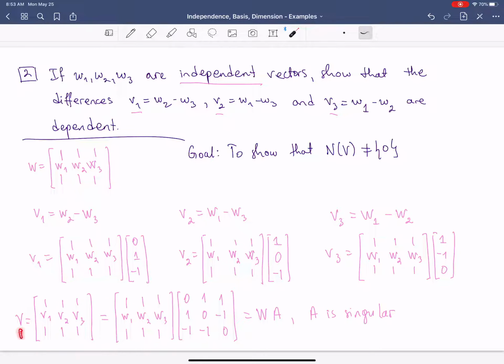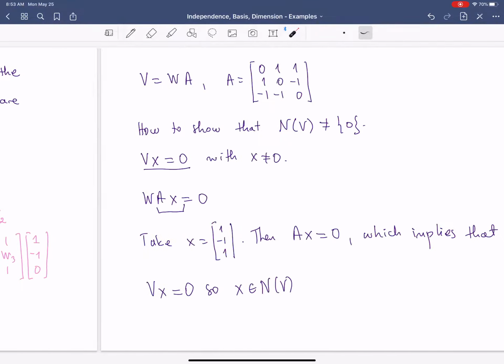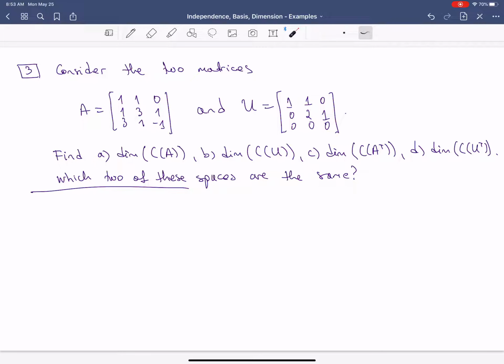Well, stick them into a matrix and carry out elimination. But we don't know what these vectors are. And yet, we're able to show that they must be linearly dependent through this matrix A. This seems like a lovely test question. All right. Next problem.